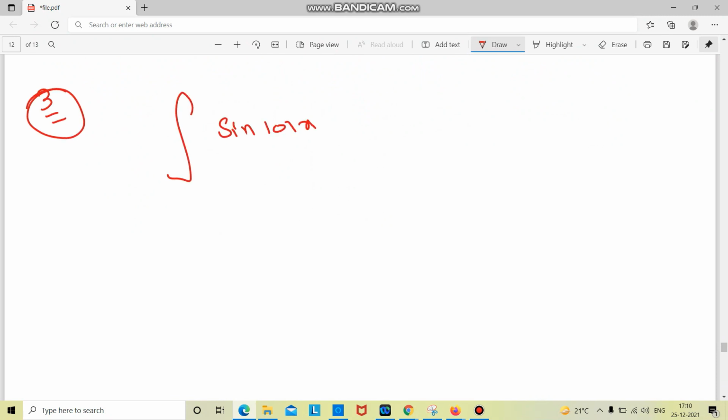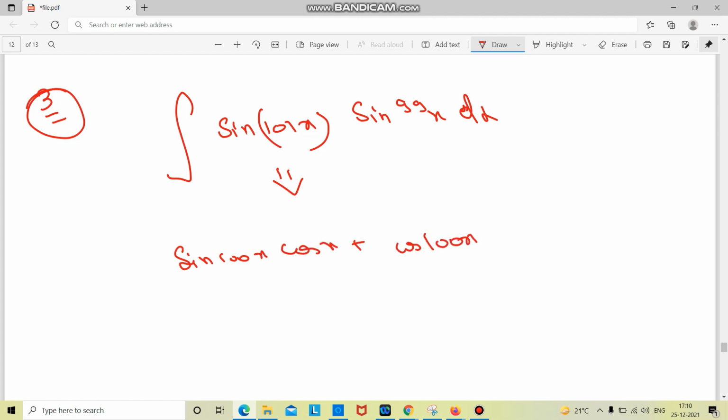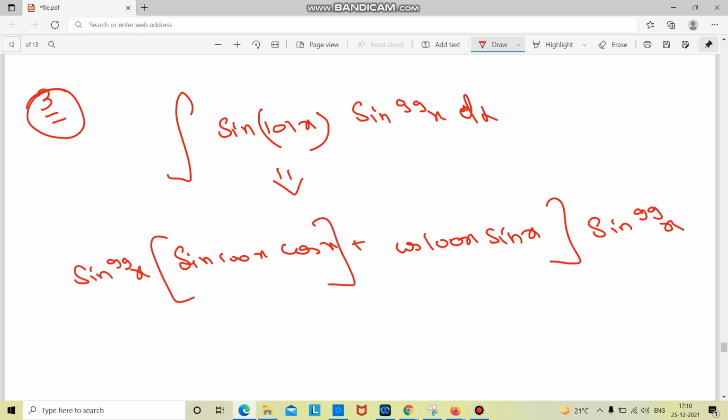Third question is integration of sin 101x into sin 99x dx. You can write it as sin 100x cos x plus cos 100x sin x, and this into sin 99x, this also into sin 99x.